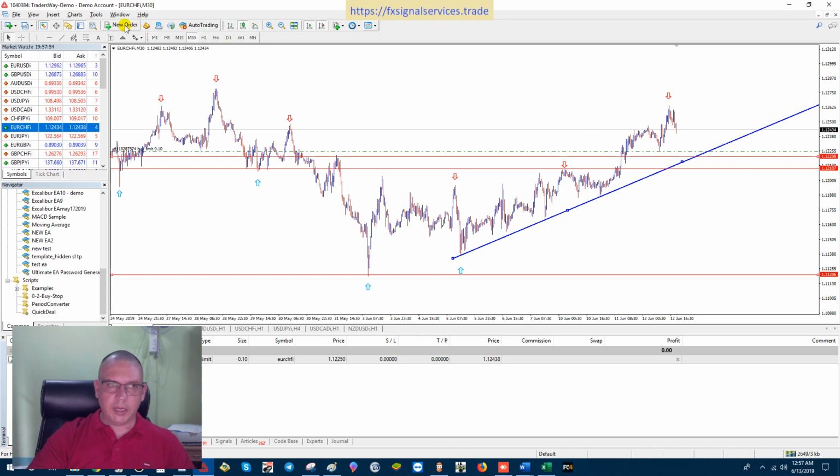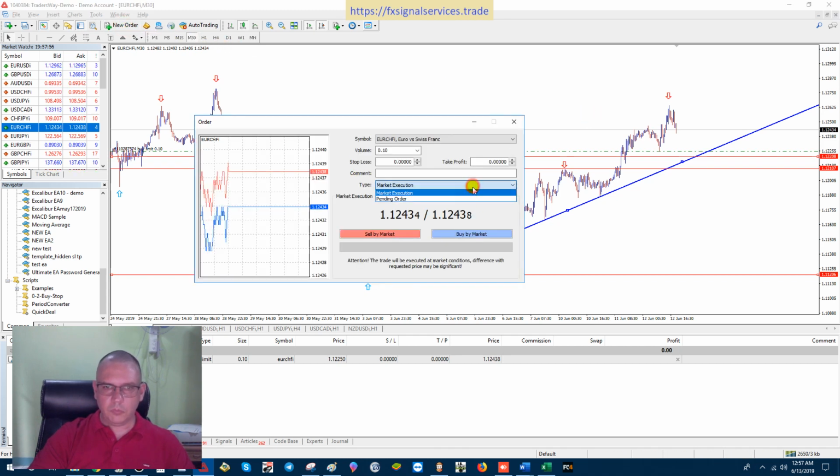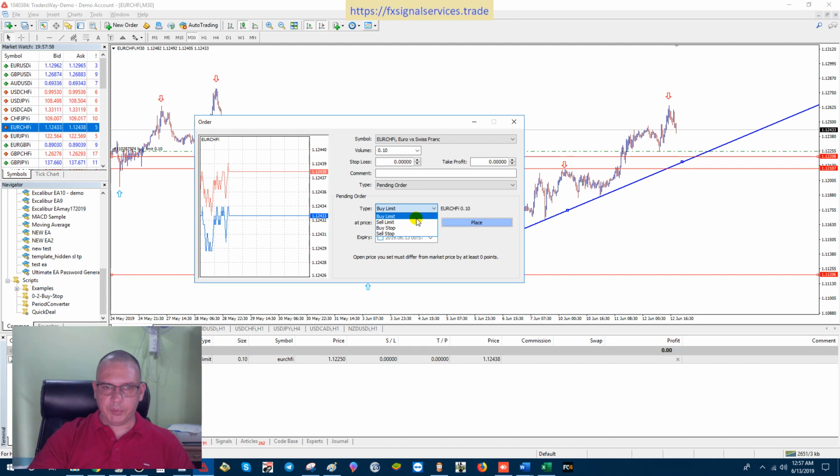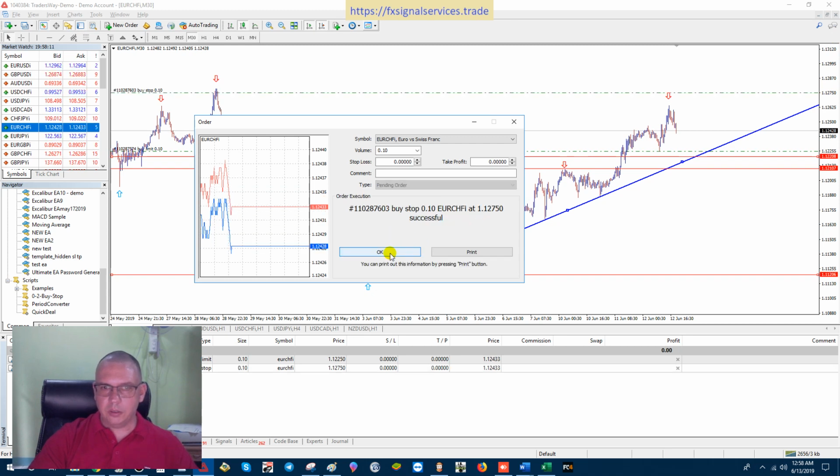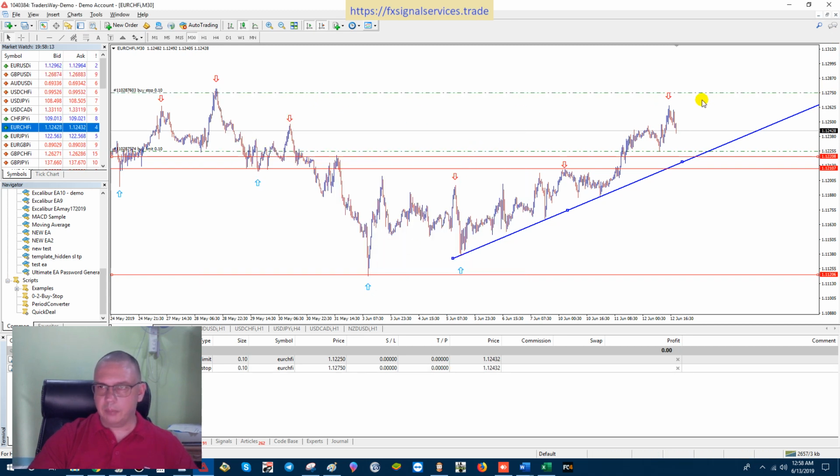Also, what I can do is place a buy stop pennant order above that red arrow. Okay, now watch this. I'm going to put 1.12750. I'm going to use this tick mark right here, and I'm going to place a buy stop pennant order right here.